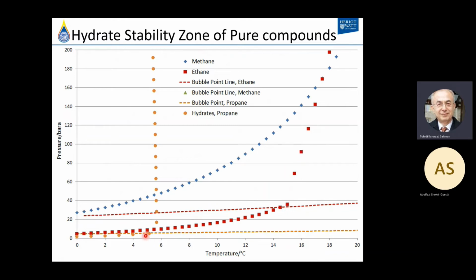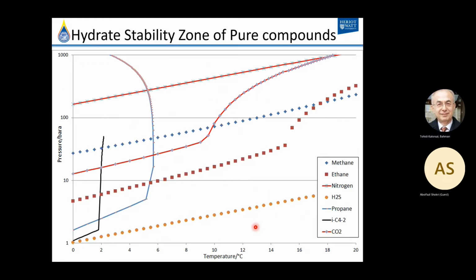And here, this is the phase change for H2S and the slope change for H2S. So now you see that among these three compounds, the strongest hydrate former is H2S. After that is ethane, and after that is methane. But when they become liquid, it's a different story.